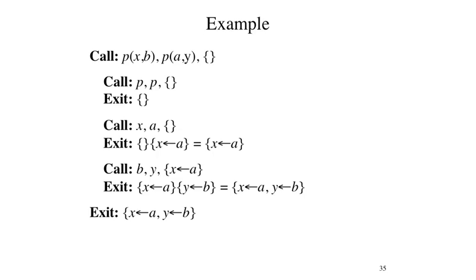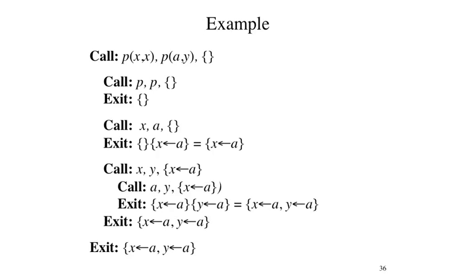And finally, we compare b to y. In this case, we compose the current variable assignment, x gets a, with the assignment of y to b, which produces the joint assignment, x gets a, y gets b. At this point, having reached the ends of both expressions, we're done.